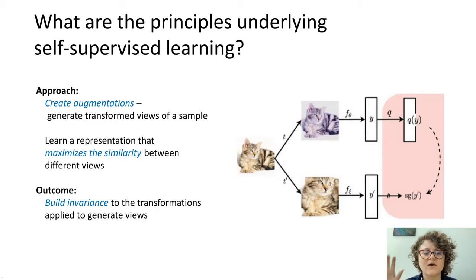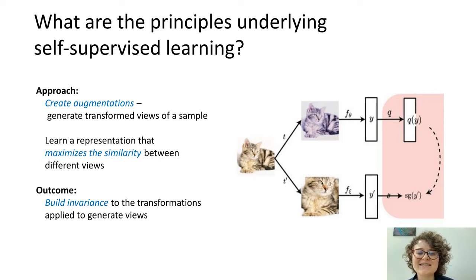And what I'm showing here on the right is a demonstration of this. We have a picture of a cat, and then we're applying two different transformations to create different views of the same cat, either changing the color or, in the bottom example, zooming in and cropping so that we have a different view of the same cat.